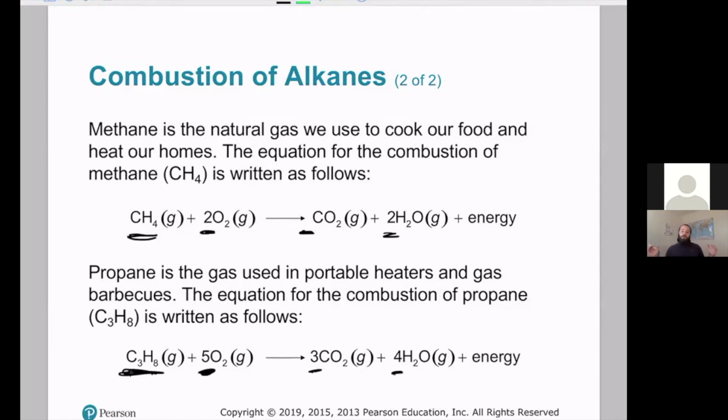So the longer your hydrocarbon, the more oxygen that's going to be consumed, the more carbon dioxide and water that's going to be produced, and actually the more energy as well. So the energy that's produced is larger for longer hydrocarbons.